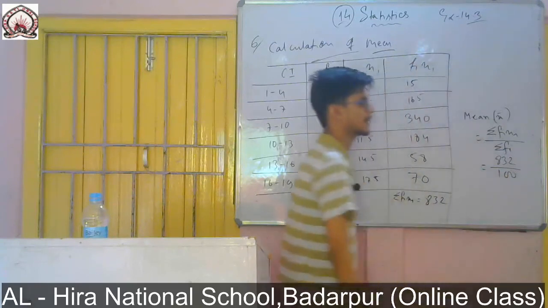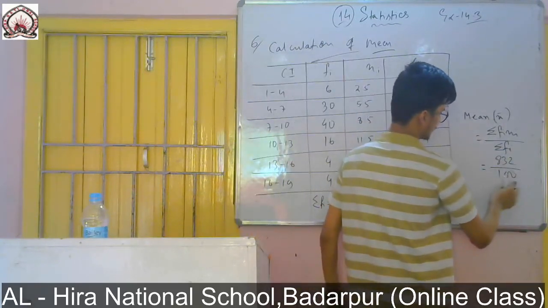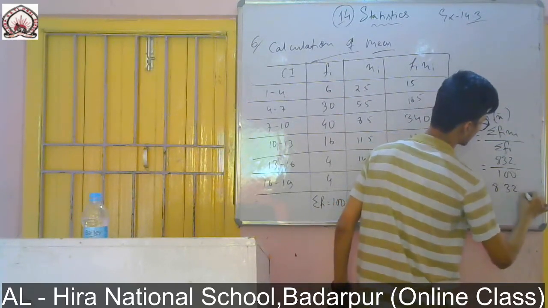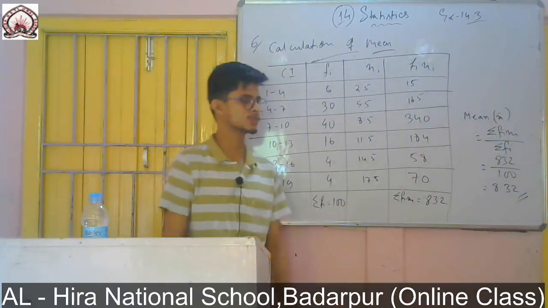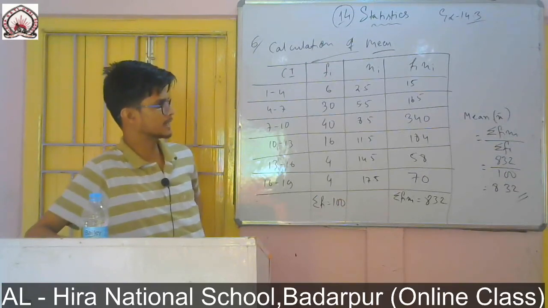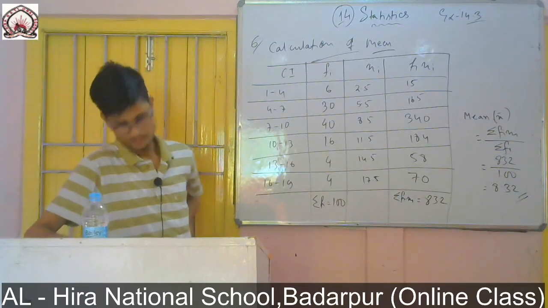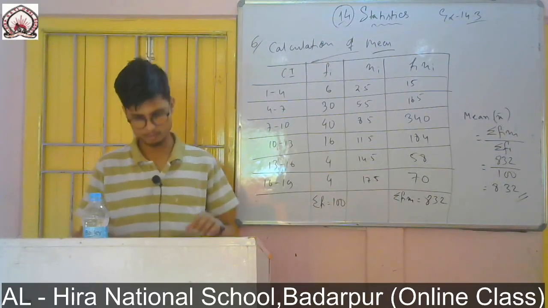Dividing by 100, the decimal moves two places, giving 8.32. This is the required answer. So write the last line: therefore the mean of the data is 8.32.